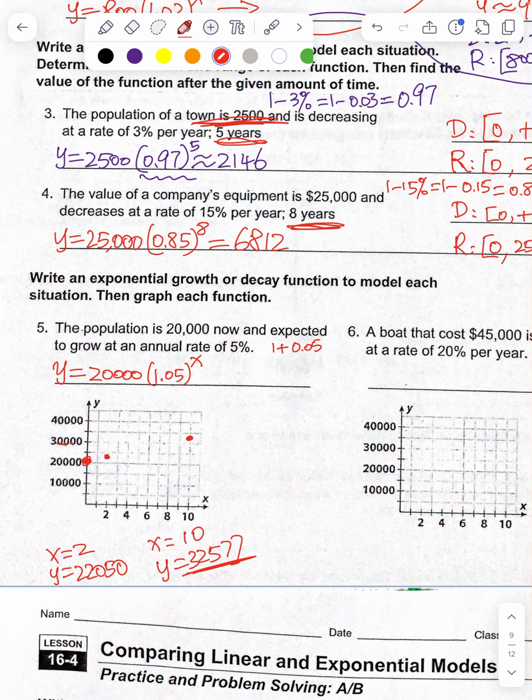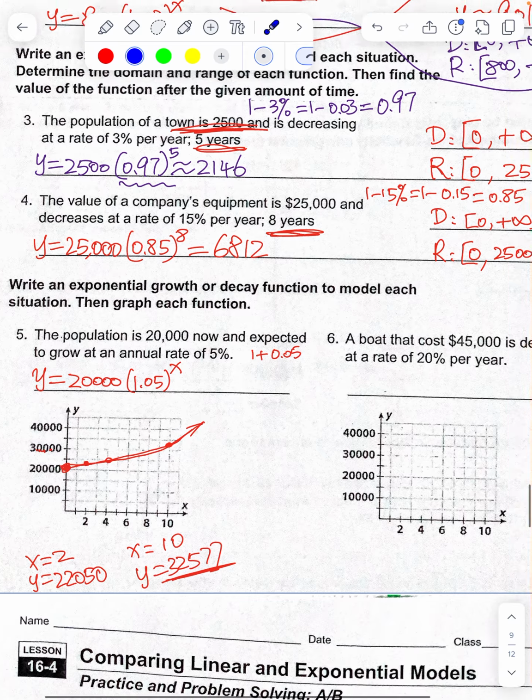So it grows really, really slow. Your graph can be a little bit different from mine. If you choose x equal to 4, 6, 8. I try to do it a little quicker, right? I use x equal to 0, initial value, and then 2, and then 10. So the graph looks like this.